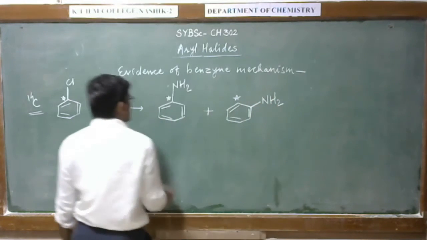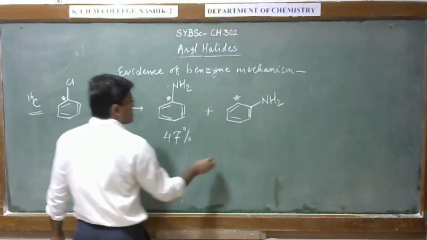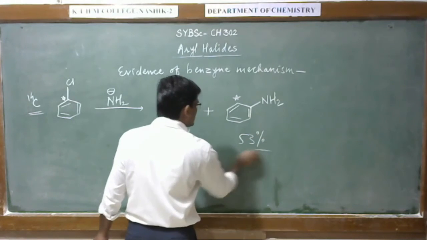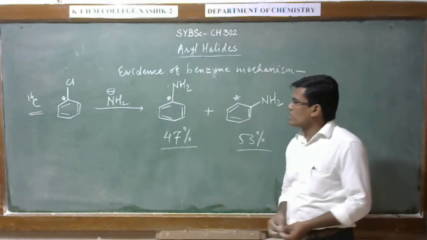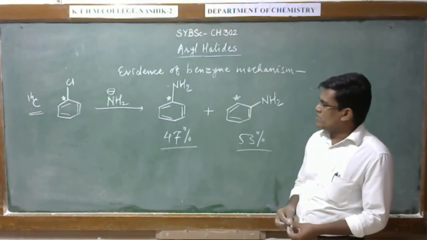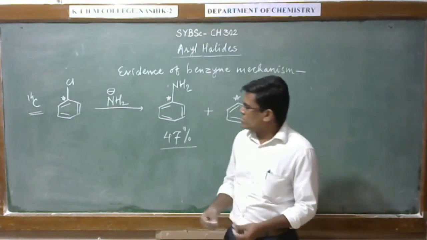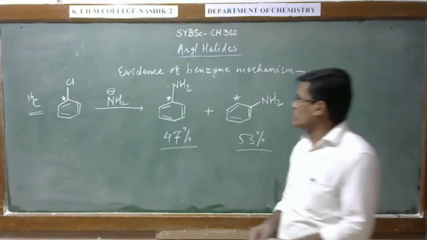This aniline gives 47% and this one 53%. So almost the same. So in this experiment, we can say both the carbons are equivalent.